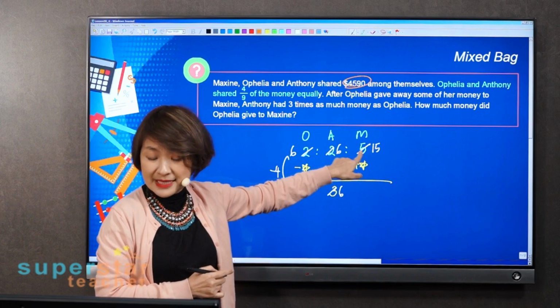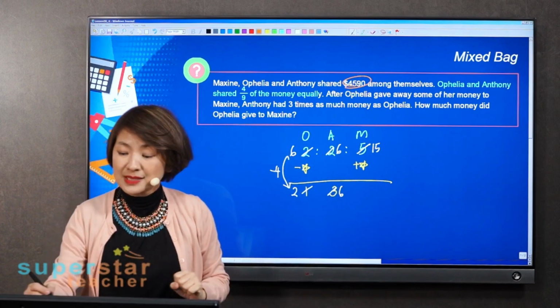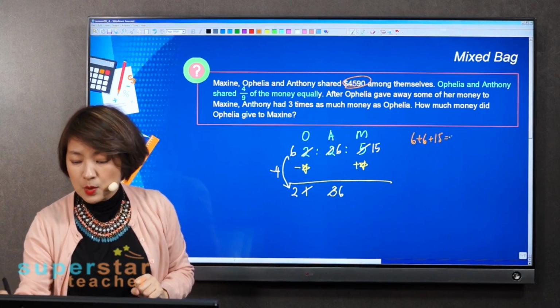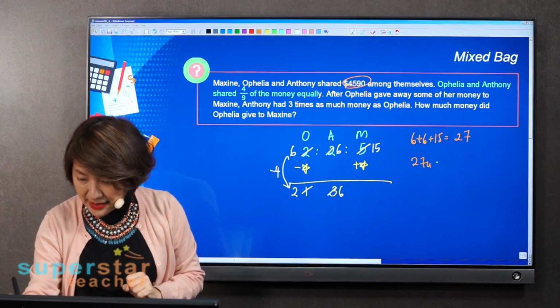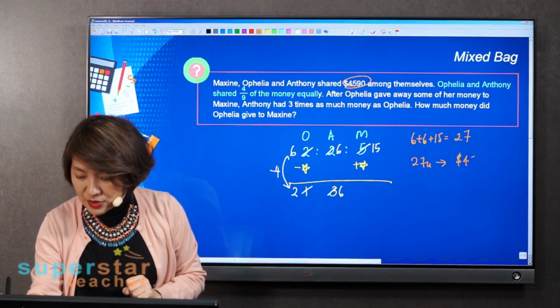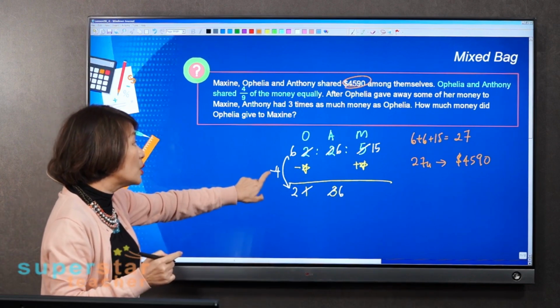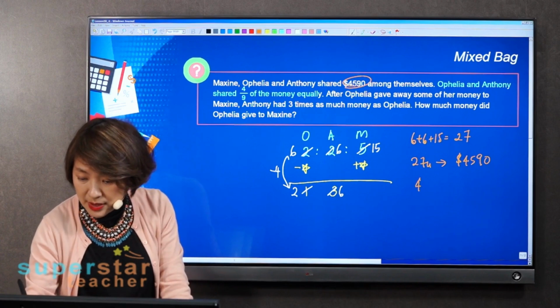No, it's not. It is actually 6 plus 6 plus 15, which makes 27. So you know that 27 units is $4,590. That is your fact. And then you're looking for 4 units. So you take 4 units.